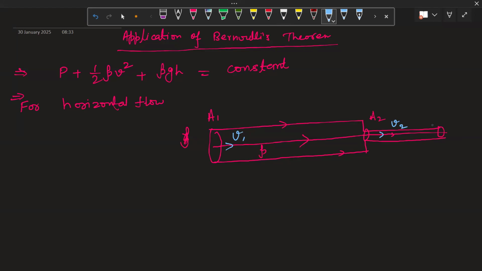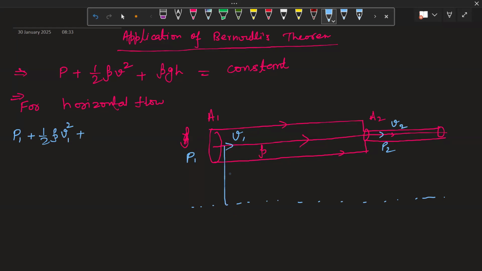So if I use this principle here, at this point pressure is P1 and at this point pressure is P2. So we write, P1 plus half rho V1 square, plus rho gh.